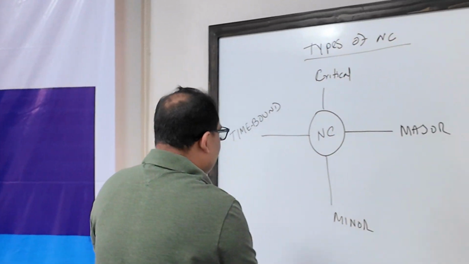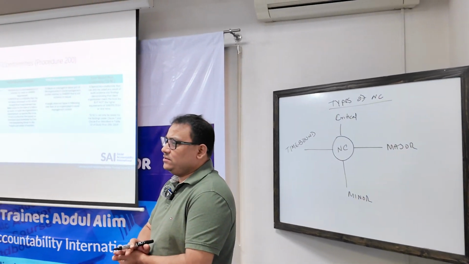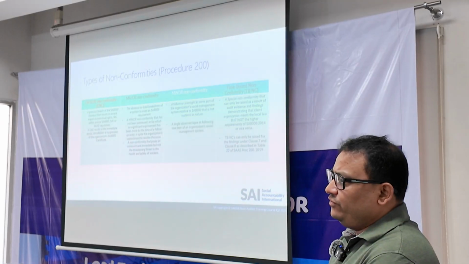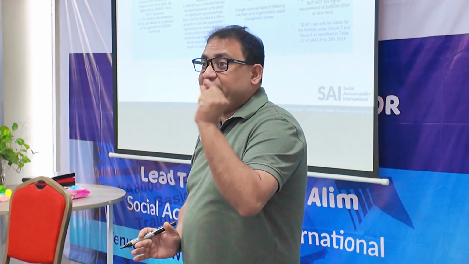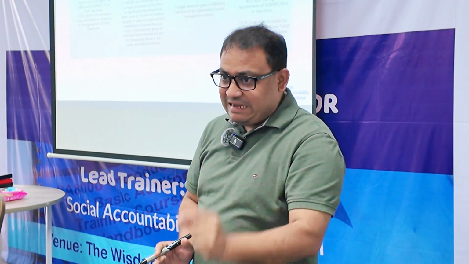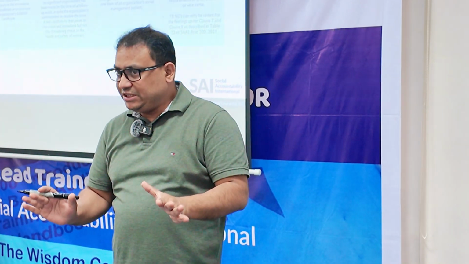If any nonconformity is of a nature that is a grievous breach of the S8000 standard that results in severe impact on individuals' life and rights, including the reputation of S8000, SAI and SAS, this is critical nonconformity.